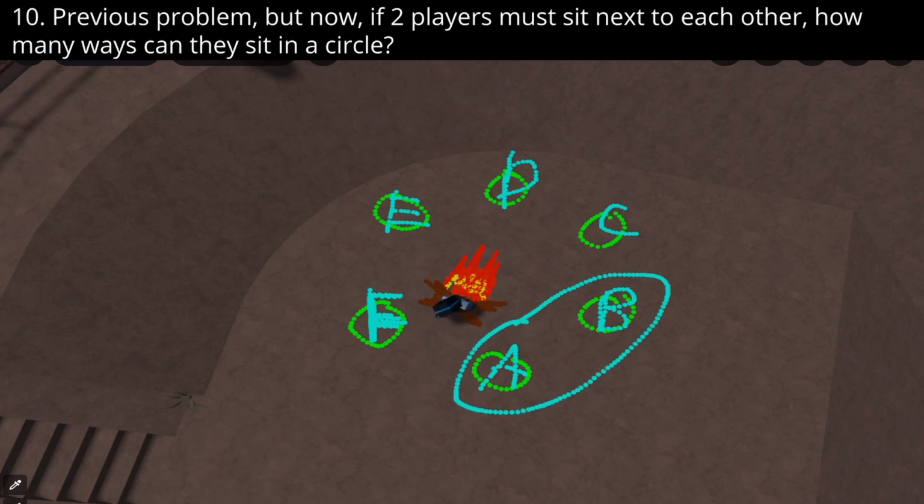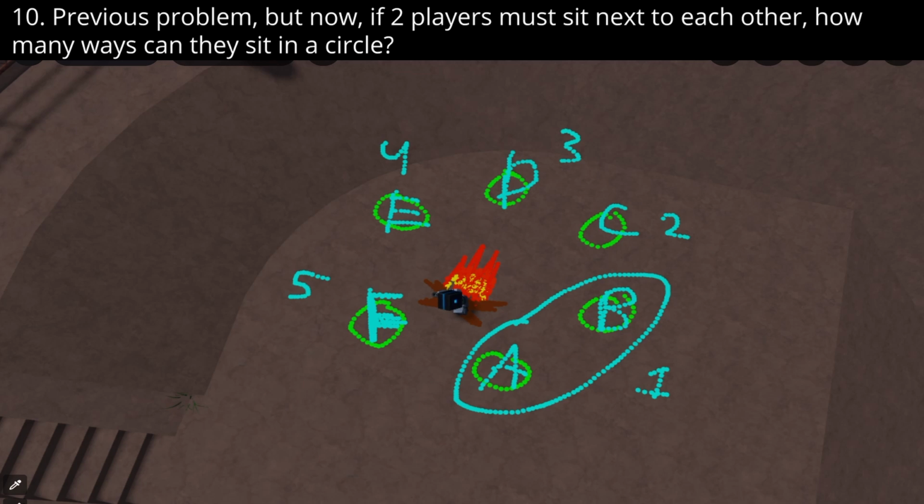I want you to notice something now. Just like in the previous problem, we now have fewer total objects. A and B can act as 1 object in total. So I have 1, 2, 3, 4, 5 things. Instead of 6 players, you can think of this as effectively 5 players, since A and B are sitting next to each other.